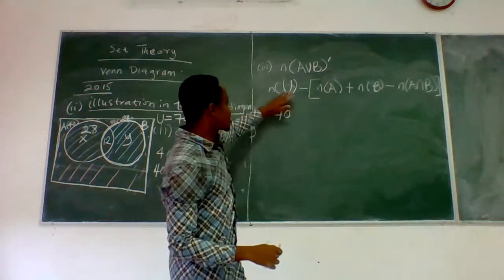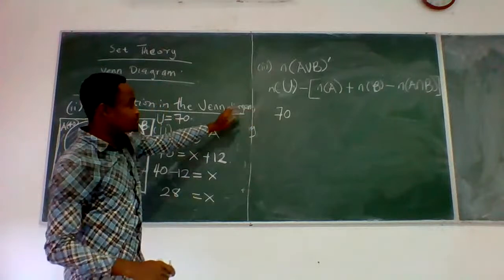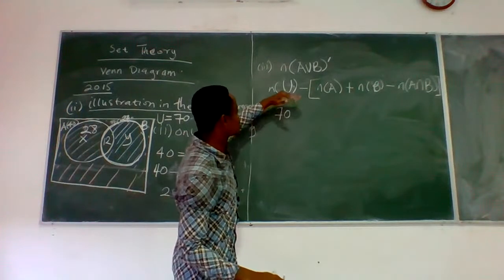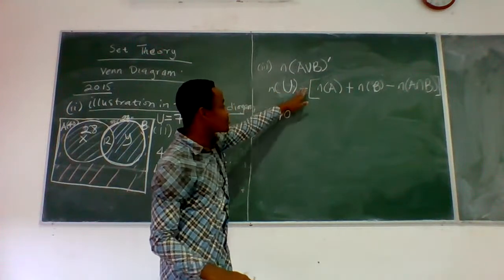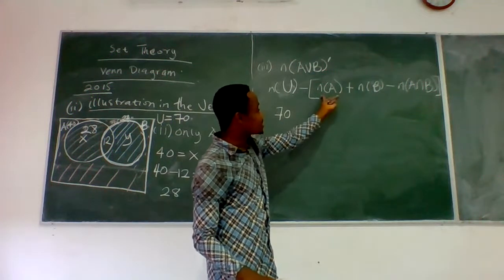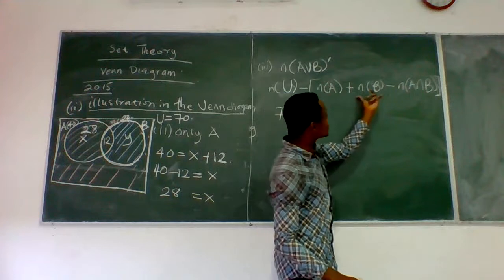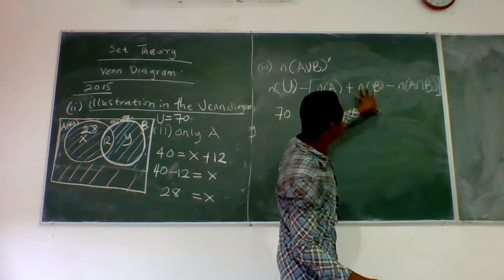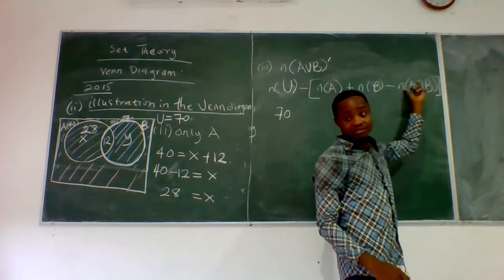So this is how the formula is. To find the complement, you take our total space, the total number of students in the class, minus the number of students that belong to A, plus the number of students that belong to B, minus the intersection.